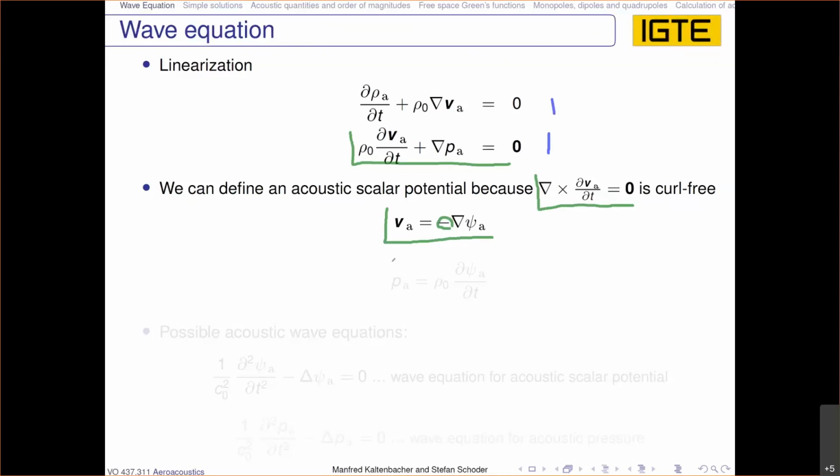And what is now also nicely seen is the following: when we use this relation and put it back into this equation, we find that the acoustic pressure is nothing else than the time derivative of the scalar potential scaled by the mean density. That we can also have a look at, perhaps.